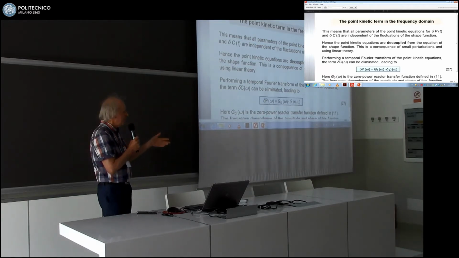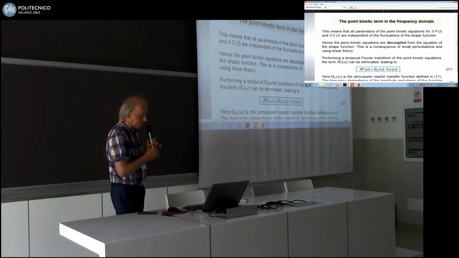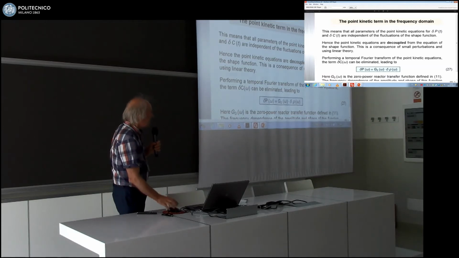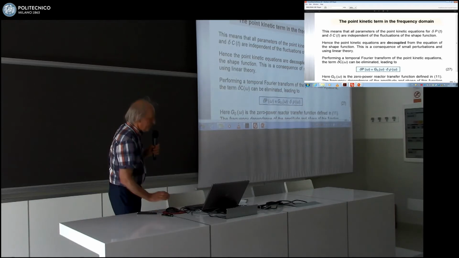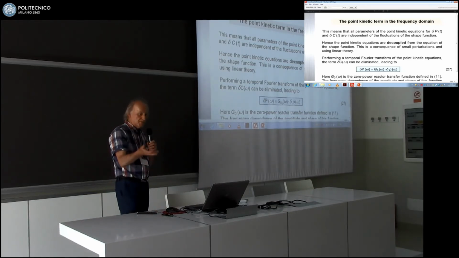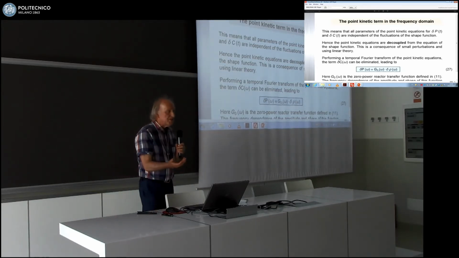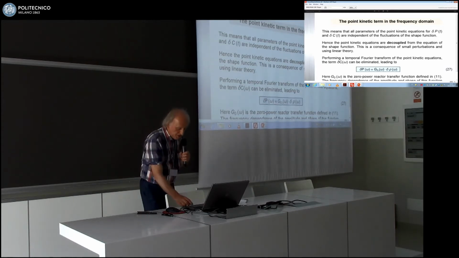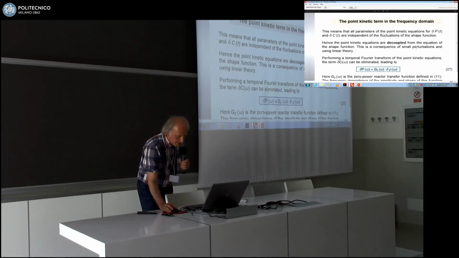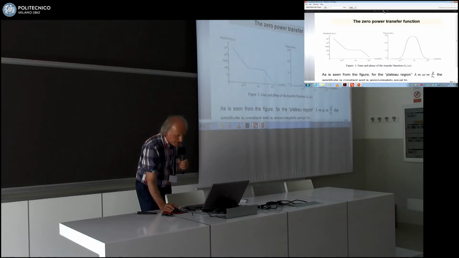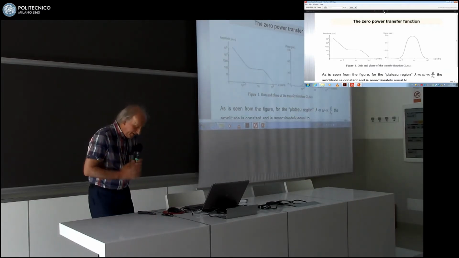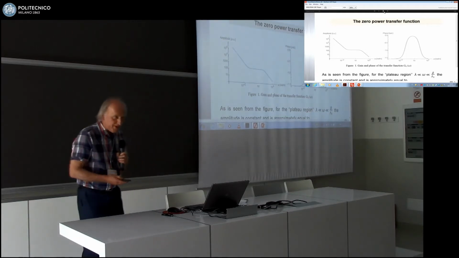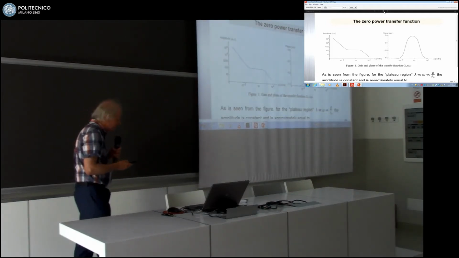So in the noise, we want to determine the fluctuations of the amplitude factor, which can be given very simply as this transfer function times the Fourier transform of the reactivity. So the behavior of this Green's function is important, and this Green's function, or the zero-power transfer function, looks like this.